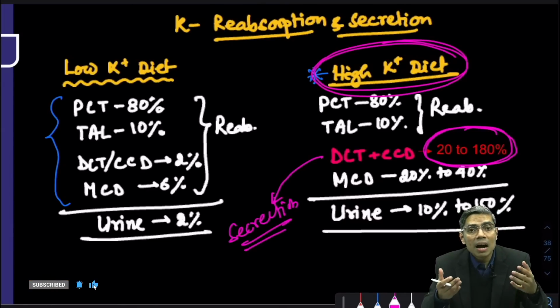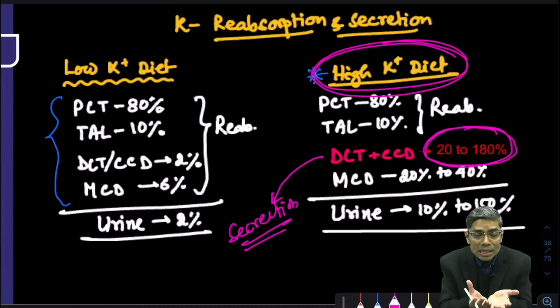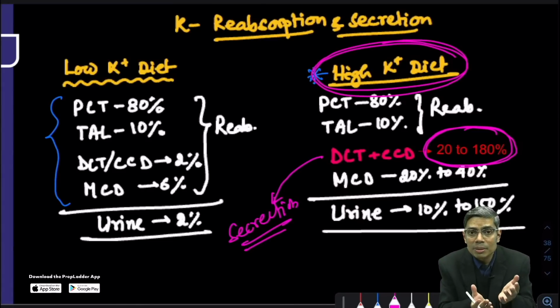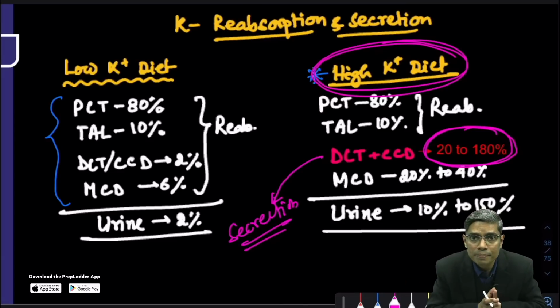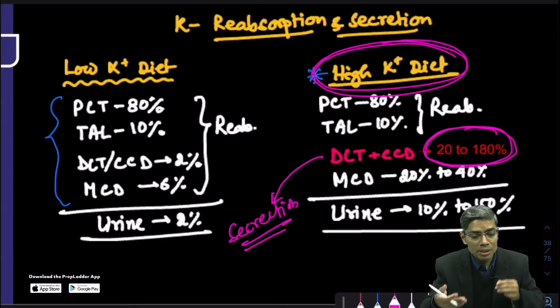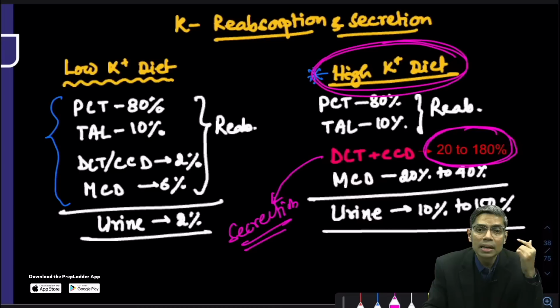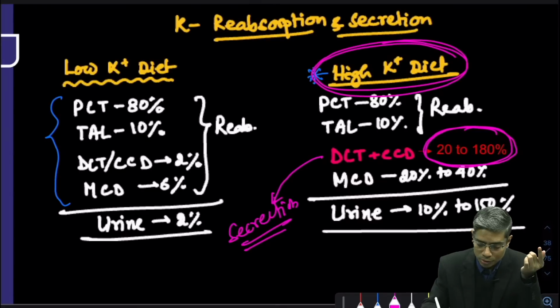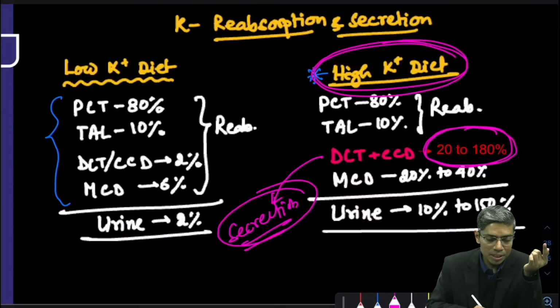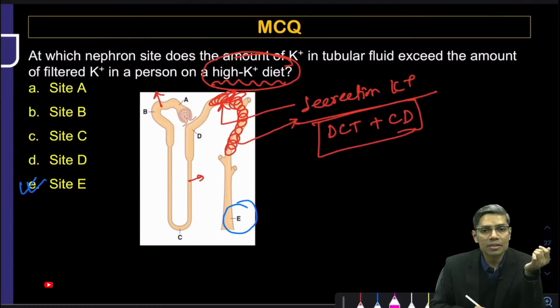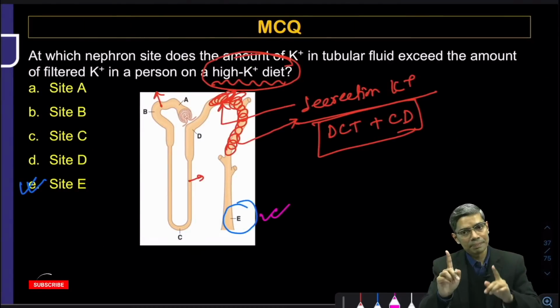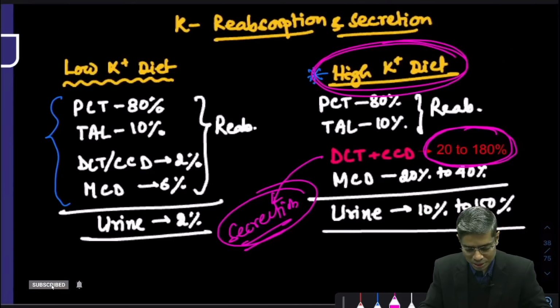What is your answer? Secretion can be more than that of the filtration. So, that is why it is coming from the process of secretion, and that has been asked here in this question. So, answer here is E. समझ में आ गया? I hope this is clear to all of you.